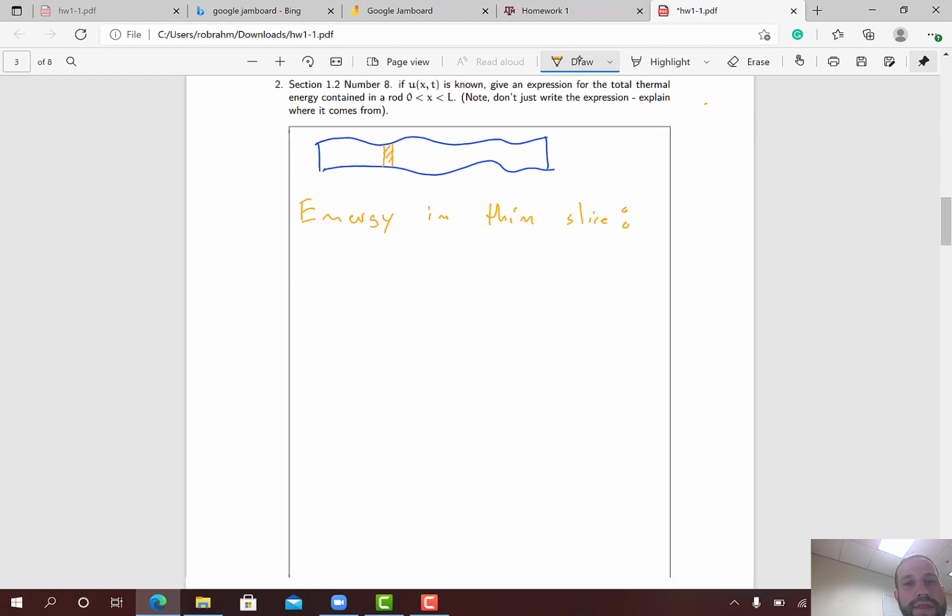Remember that the specific heat, which needs to vary because I'm assuming the rod is not homogeneous, so c of x is the specific heat. It is the thermal energy required to raise a unit mass 1 degree.